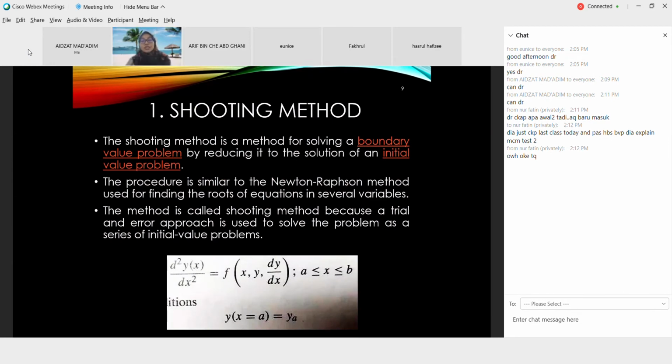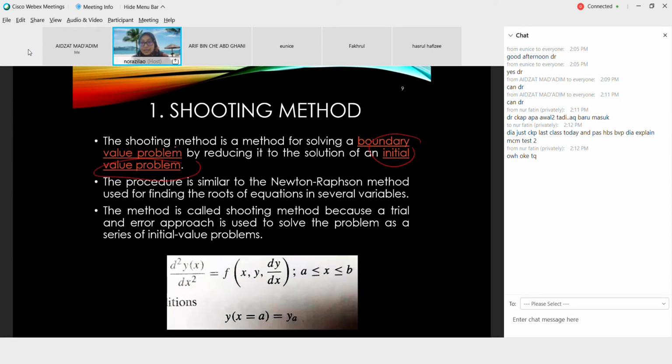First, the shooting method. The shooting method is a method for solving a boundary value problem by reducing it to the solution of an initial value problem. So you understand that this method actually reduces the power of the problem equation to an initial value problem.